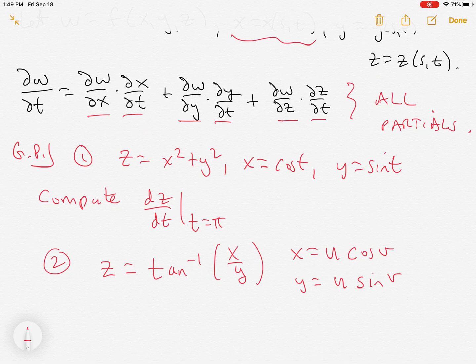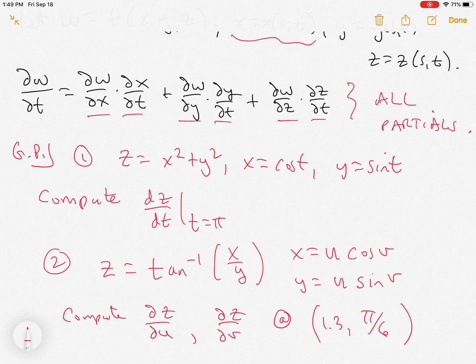And we want to compute dz du partial and dz dv partial at 1.3 comma pi over 6. So that's the point uv.